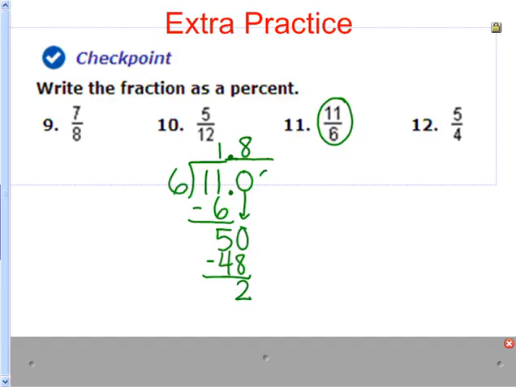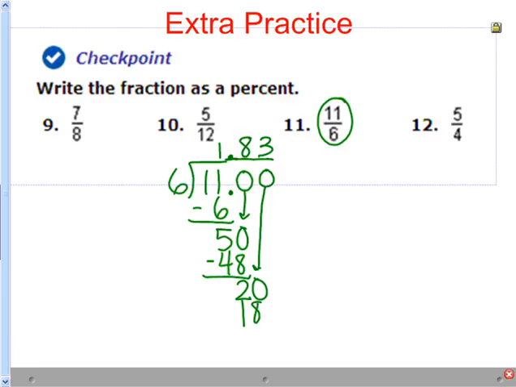Not quite done yet. Add another 0, bring it down. 6 times 3 is 18. It's going to give me a remainder of 2. So what's going to happen is I'm going to keep going. If I keep going, I'm going to keep adding zeros, and I'm going to keep getting this. 6 goes into 20 3 times. So the decimal form of 11/6 is 1.83 repeating.